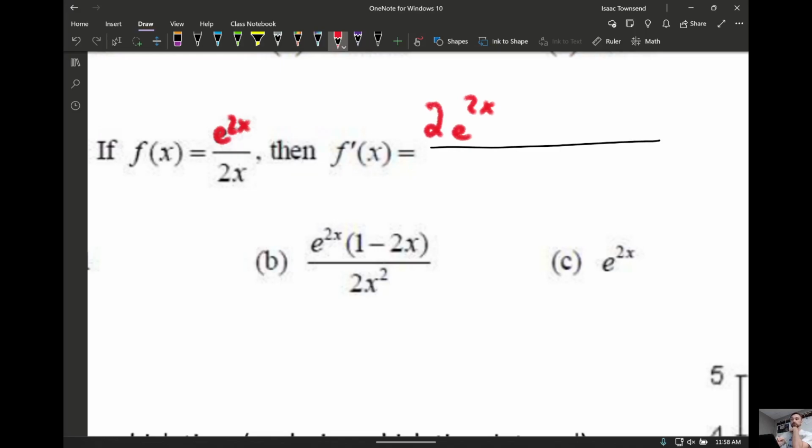Times 2, times the denominator left alone, minus, and then leave the numerator alone, take the derivative of the denominator, which would be 2. And the most forgotten thing is that it's all over the denominator squared.